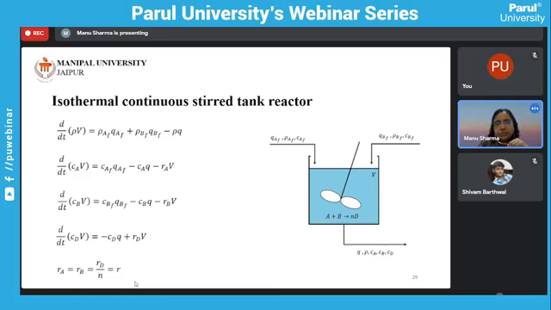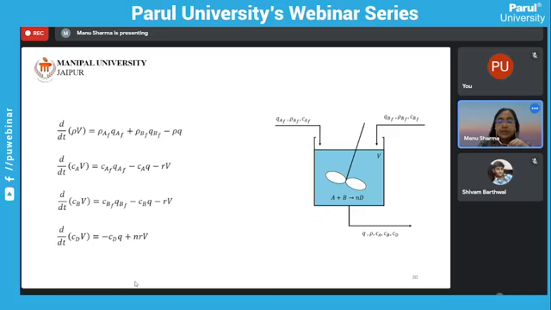I'm not going into the details of reactions because this is related to chemical reaction engineering, and if I discuss it here, it would consume a lot of time. But I'm assuming that the students are well aware of reaction engineering before developing the mathematical model for reacting systems.